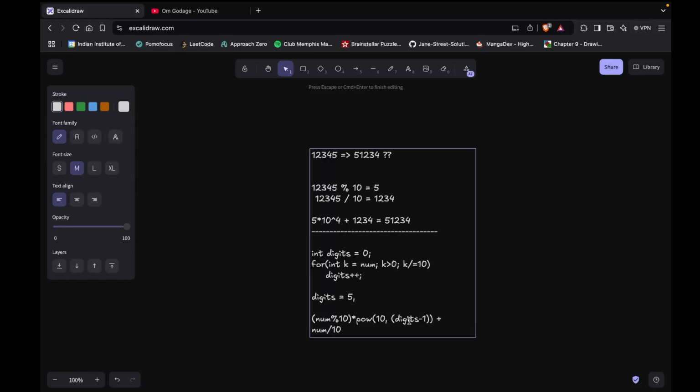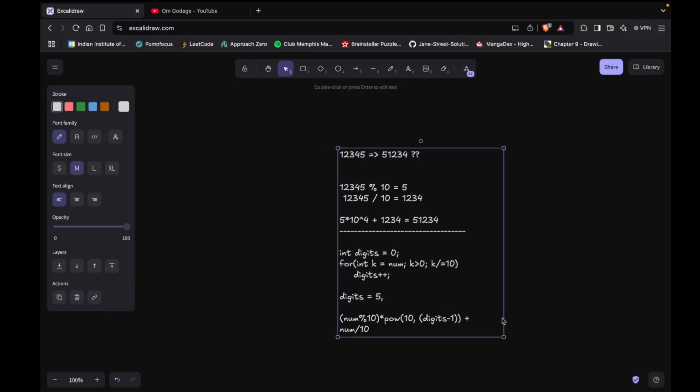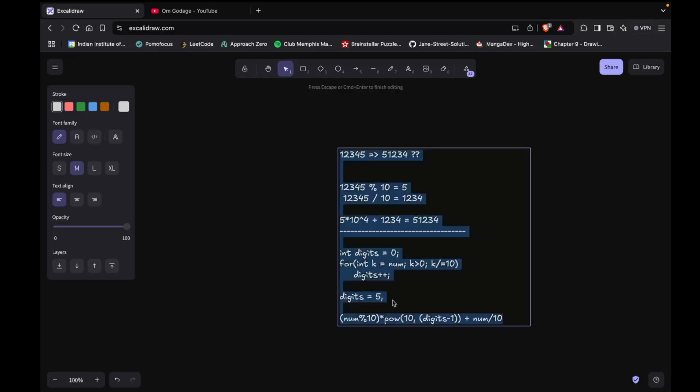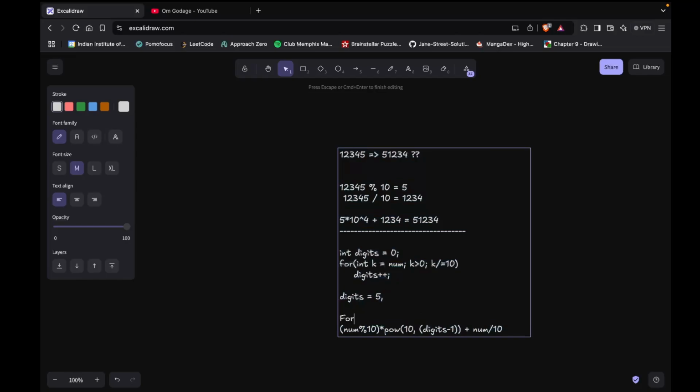Use the power function. So you can raise 10 to digits minus 1 and then multiply it with the last digit, and then you simply add num by 10 to your answer. And this is for r.